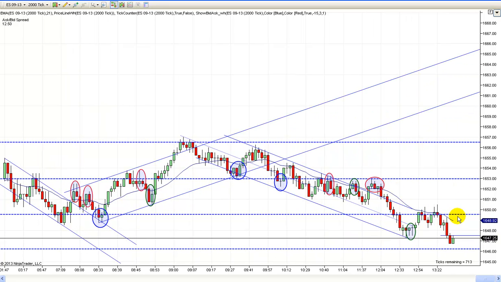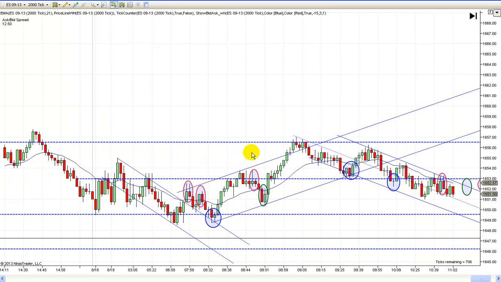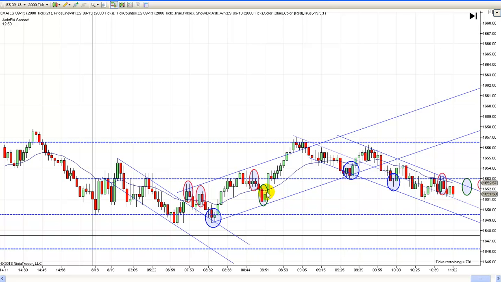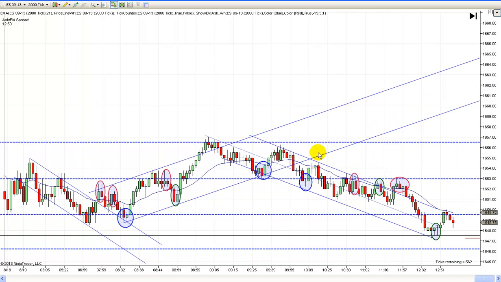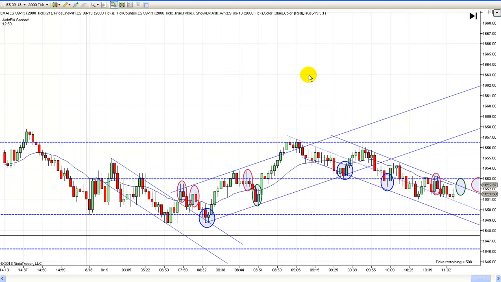So you're going to see some breaks of it. It's not just because prices are now below that we're looking for shorts. You're looking for where the majority of the bars are. And starting right in here, the majority of the bars are to the upside, and then it flips over. And it's not 100%. You can't trade off that.